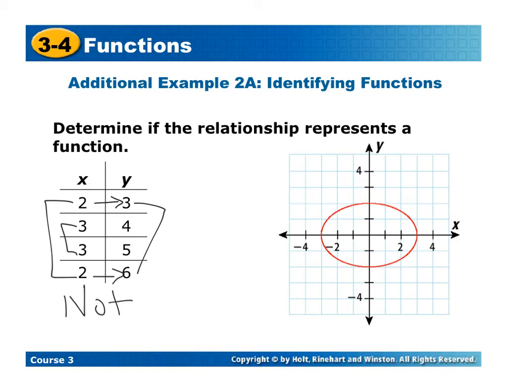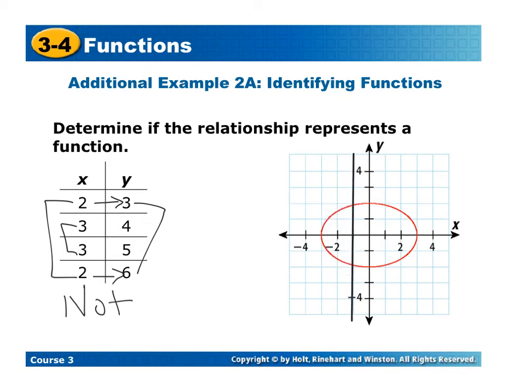Now for this next one, I'm going to show you what we were talking about with the vertical line test. I'm going to draw a vertical line and drag it through my graph. If I start at the left and drag it through the graph, I just want to check to see if my vertical line is touching what I've graphed in more than one spot.